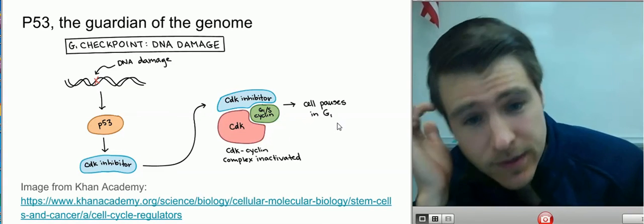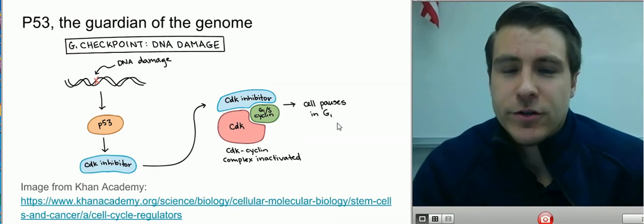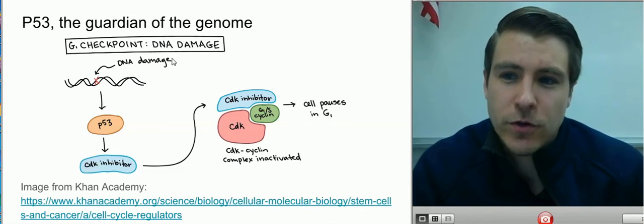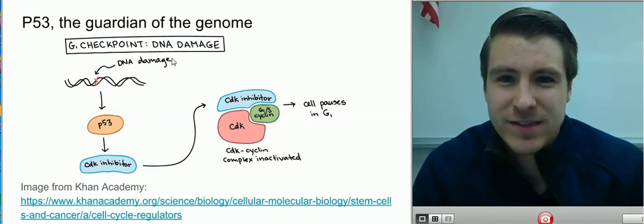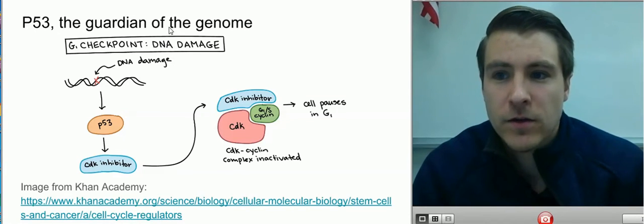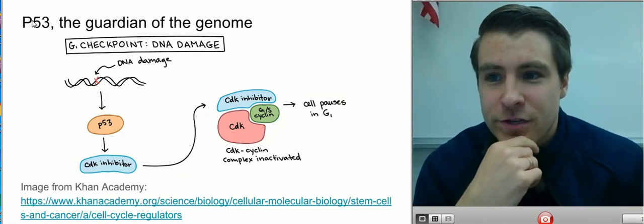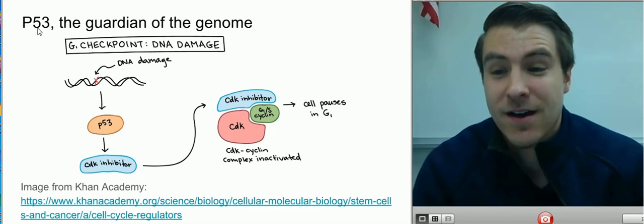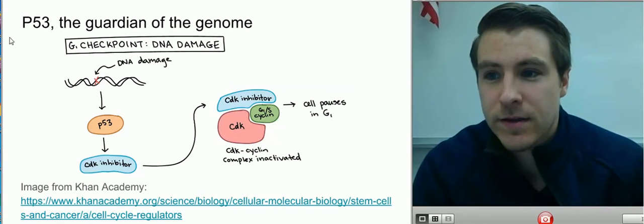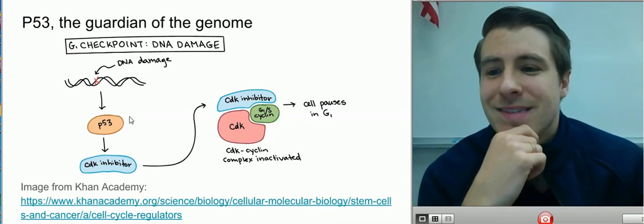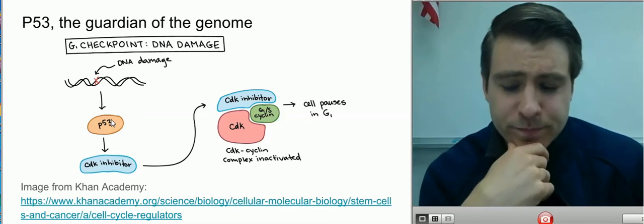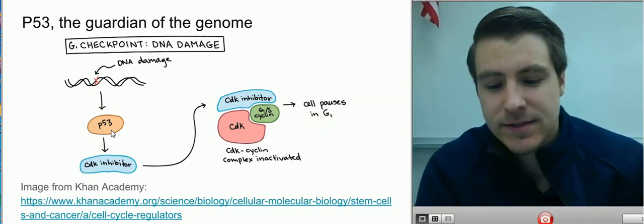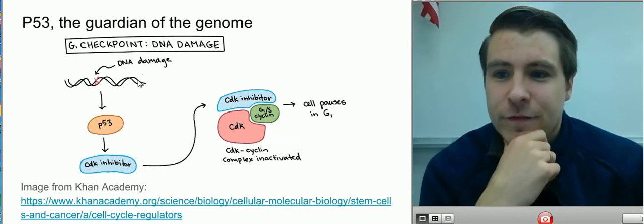Now, unfortunately, there's a lot of research suggesting, correlational studies that show, that the chances of a person who has cancer also having a mutated p53 gene are pretty high. In other words, it's very common for people who have cancer to also have a mutated p53 gene, which means that their p53 protein is, if it's mutated, misshaped and it's not going to effectively check for the DNA damage.